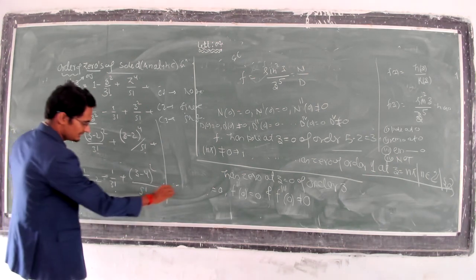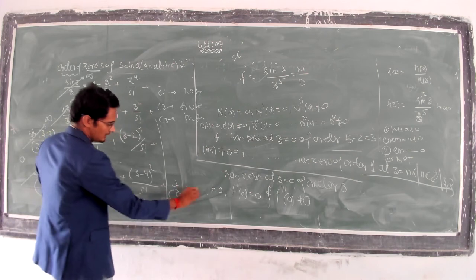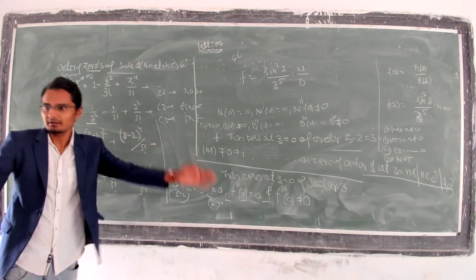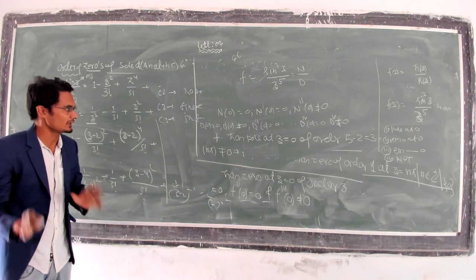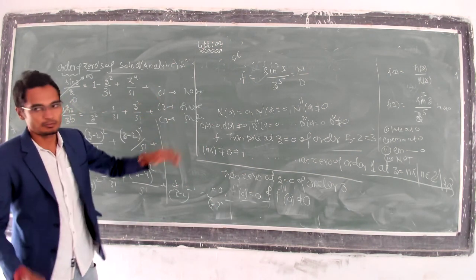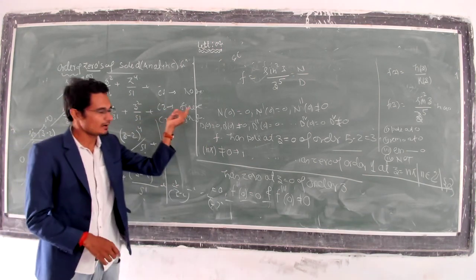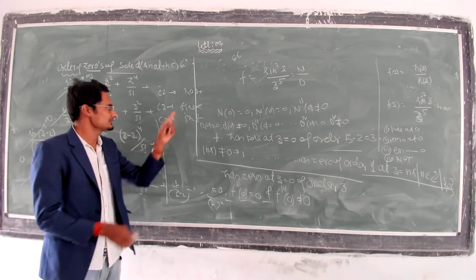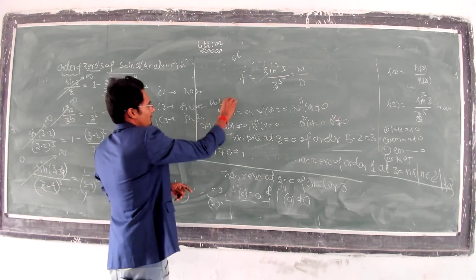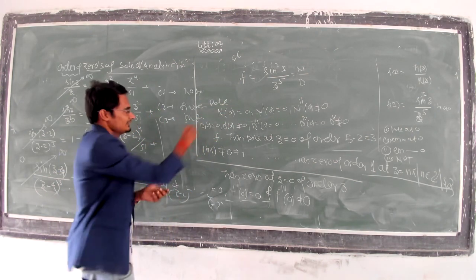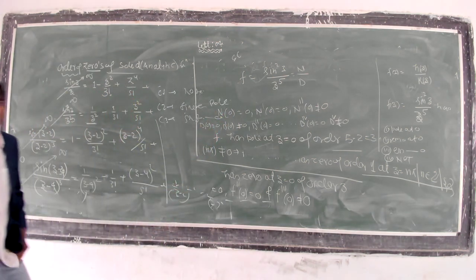Like if you write (z-2), (z-2) whole square and so on, keep on writing, all these terms tend to infinity. So case 1, when no term tends to infinity, it is removable. If only finite terms tend to infinity, it will be a pole. If infinite terms tend to infinity, then it is known as essential.